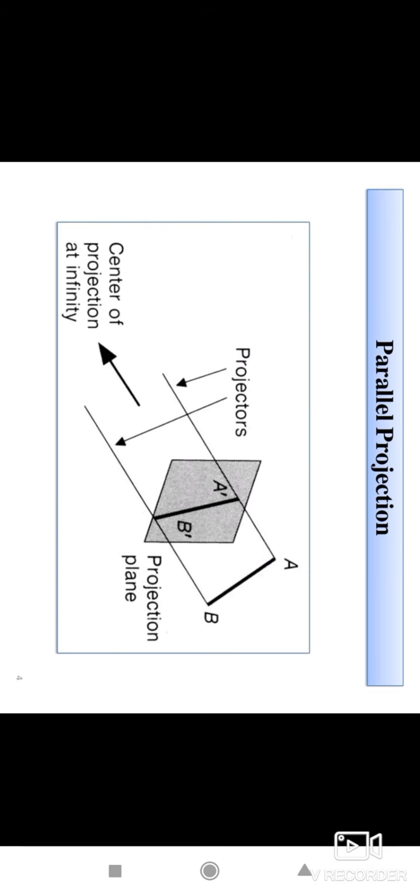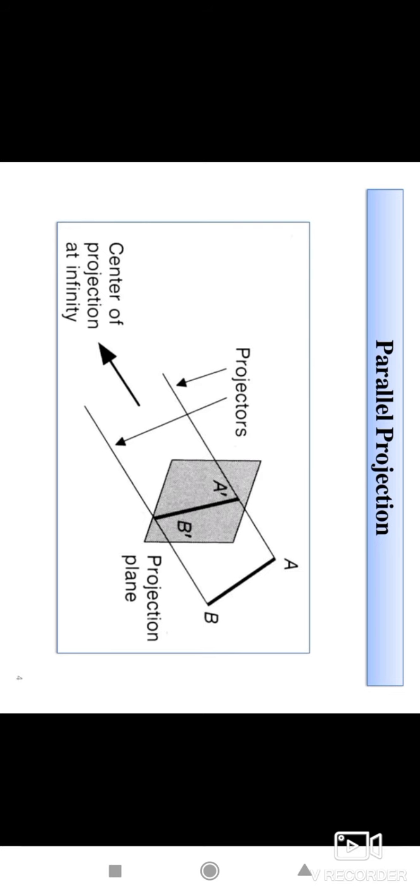So here we have AB, the object to be displayed on the projection plane, so the coordinate positions of AB are transformed along the parallel lines. Then on the view plane it is displayed as A dash B dash. That is the projection plane, and the coordinates of AB are transformed along the parallel lines.